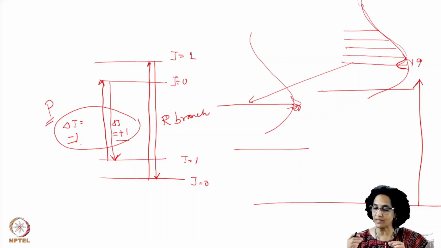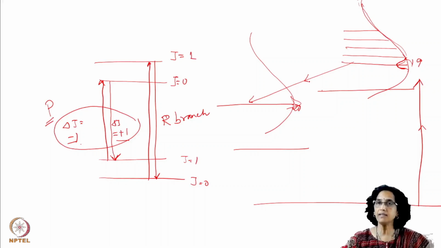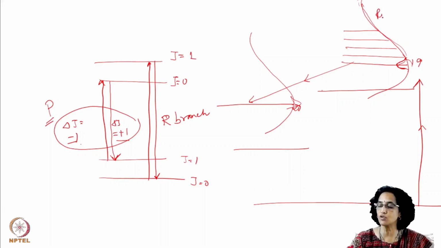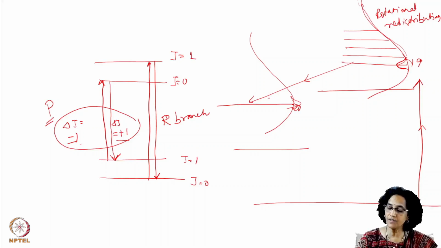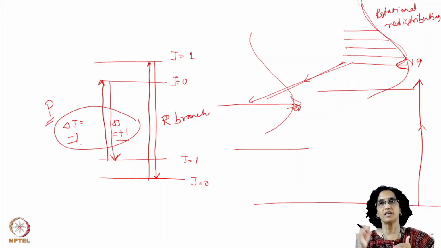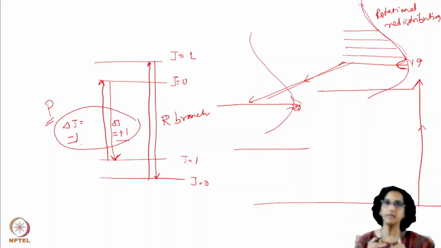Initially, there will be some transients, but finally there will be a balance between the rate of excitation, the stimulated emission rate, and these rotational redistribution that happens due to collisions. So that an inversion is maintained between these two levels, and a continuous lasing takes place, and we have a constant output.